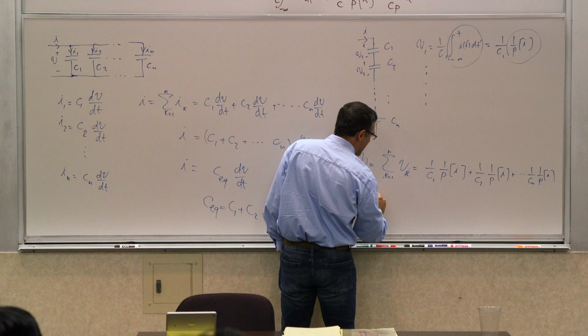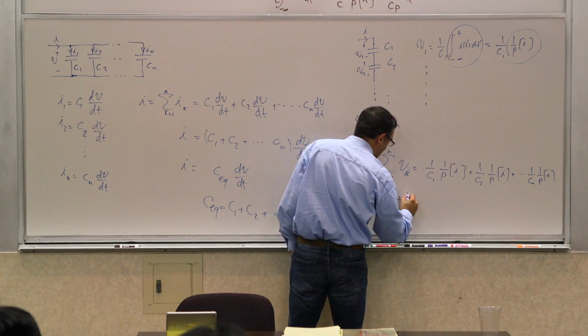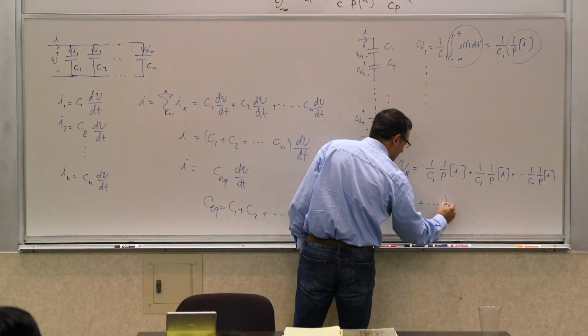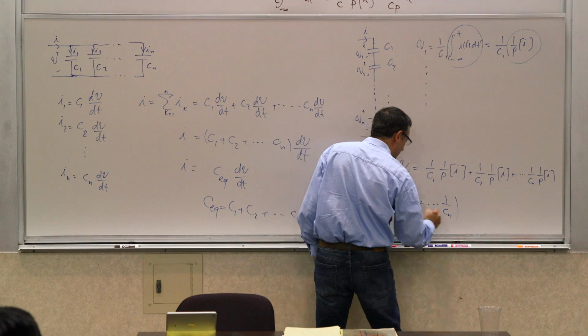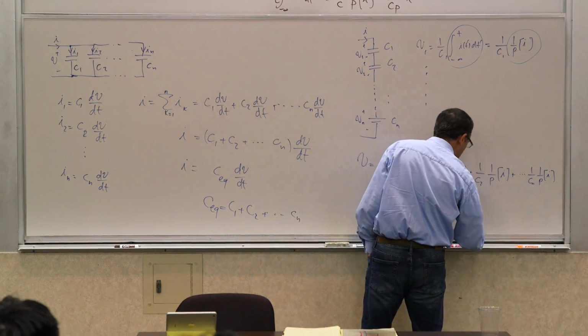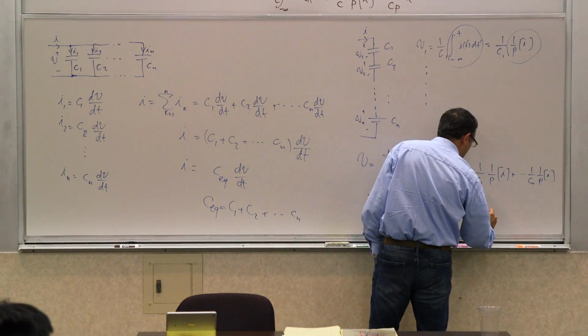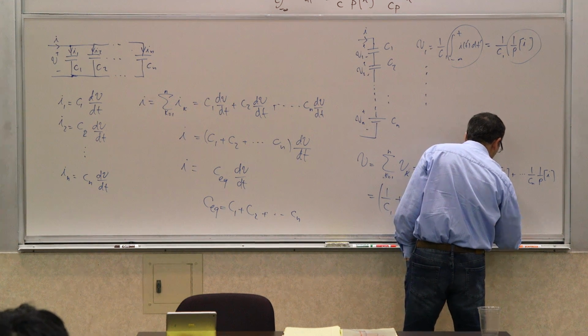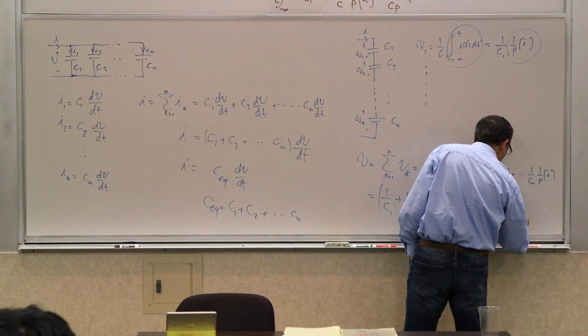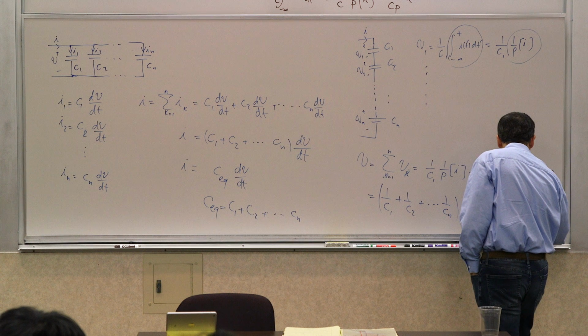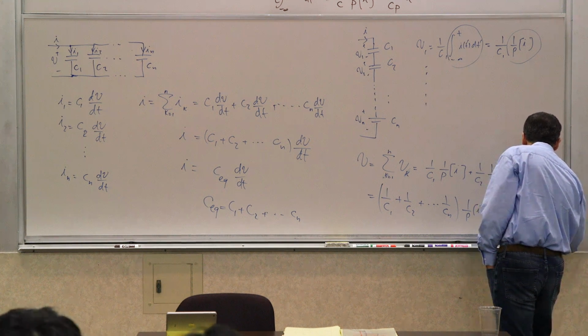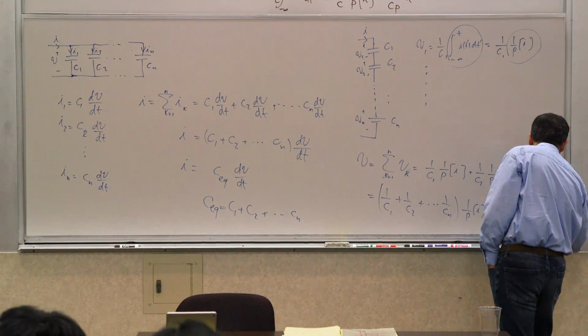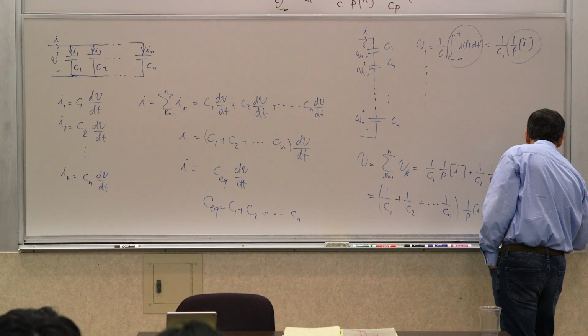And what you will see is that it's going to be 1 over C1 plus 1 over C2, all the way to 1 over Cn times 1 over P of I, which you can also, if you really write it, as 1 over C1 plus 1 over C2 integral from negative infinity to t of I of t prime dt prime.